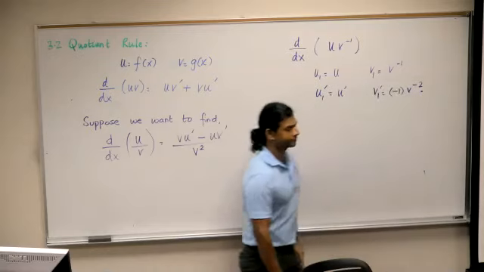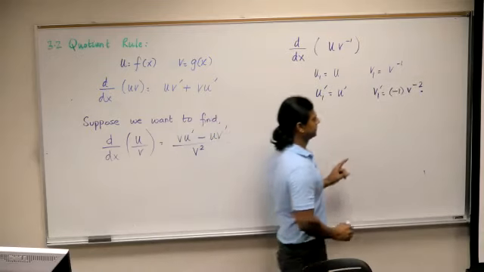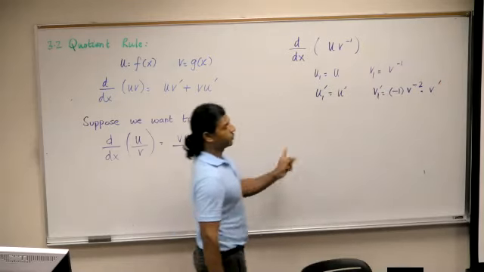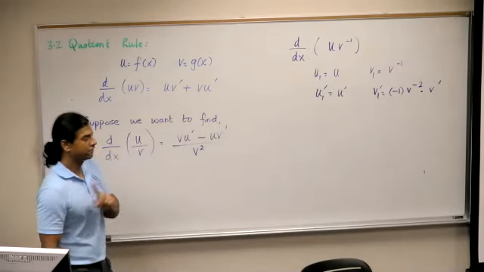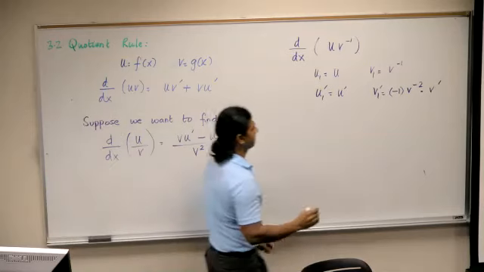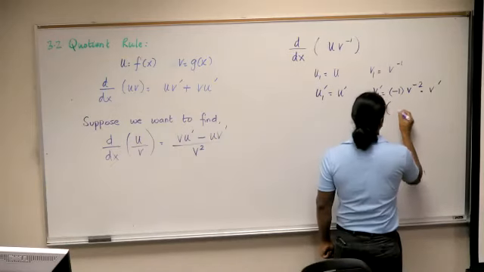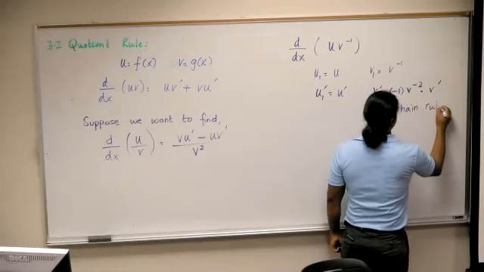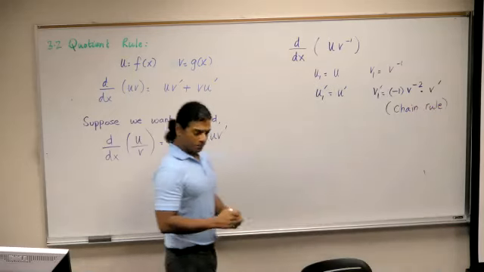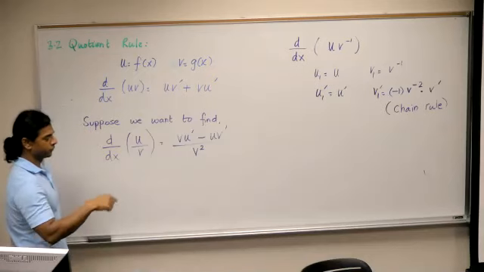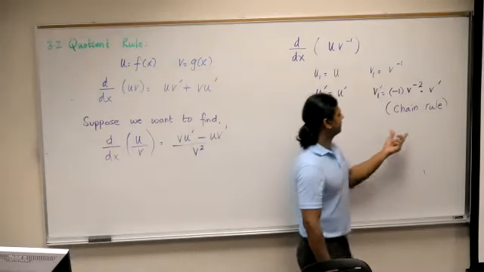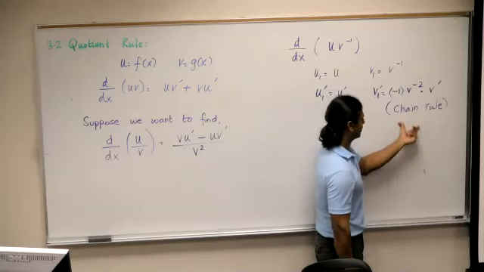But later on, I'll show you why this is true. We have to multiply it by v prime of x. Put a note. We will talk about chain rule in 3.4, but this is a good way to get ahead of the curve.